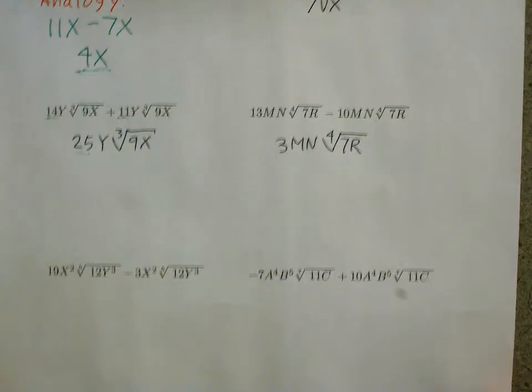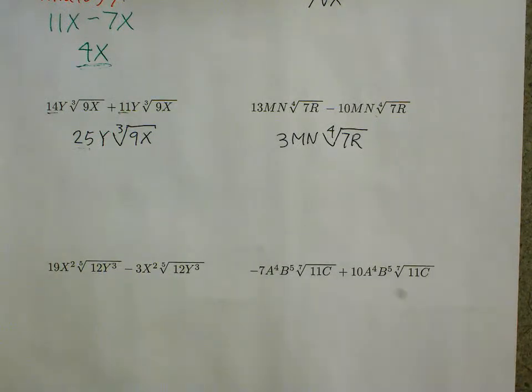Okay, a couple more on this page. On the lower left, 19x to the second times the fifth root of 12y to the third minus 3x to the second times the fifth root of 12y to the third. The fifth root of 12y to the third cannot be simplified any further. On the outside of the radicals, each of the terms has x squared.